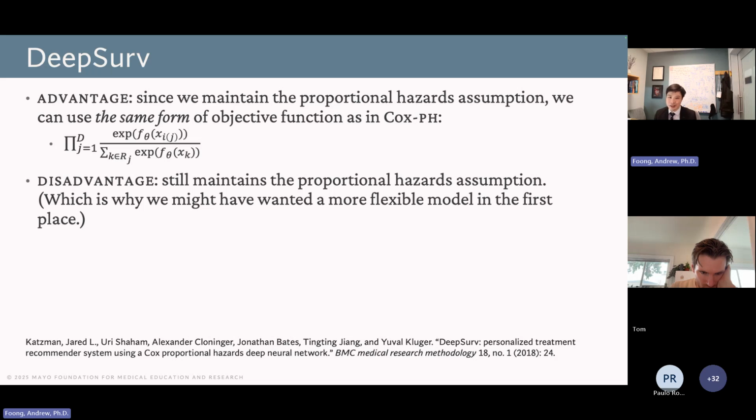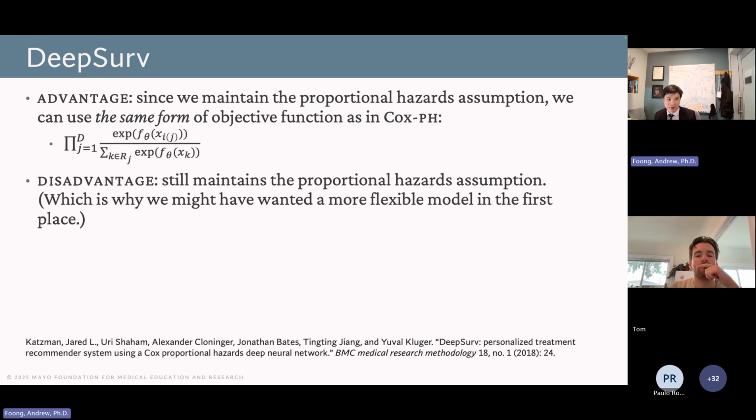The disadvantage is that you're still going to be maintaining the proportional hazards assumption, and you might have wanted a more flexible model in the first place. That's probably why you went beyond Cox PH, but you're still committing yourself to this proportional hazards assumption, no matter how big and complicated your neural network is.